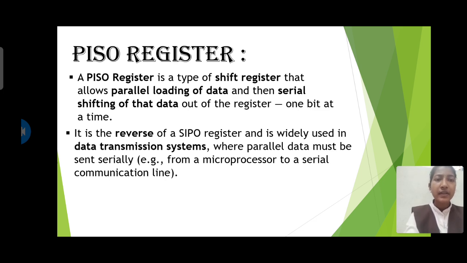Previously we had serial in and parallel out register. Here it is parallel in and serial out register. Therefore it is widely used in data transmission systems where the parallel data must be sent serially. For example, from a microprocessor to a serial communication line, we use PISO registers.